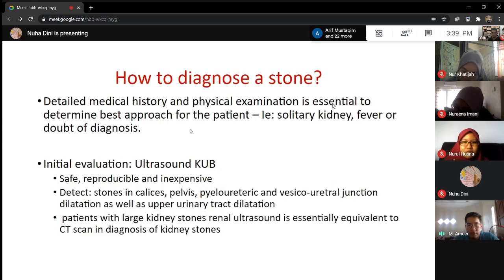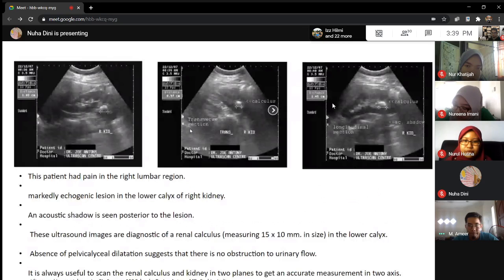Some studies say that renal ultrasound is equivalent to CT scan to diagnose patients with large kidney stones. Next. Okay, this is an example of the ultrasound. When we do ultrasound, this is the possible finding that we can see.